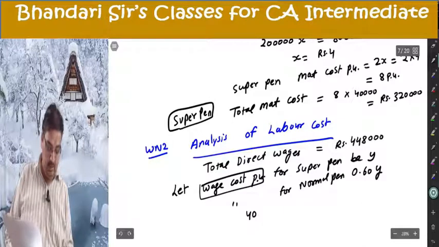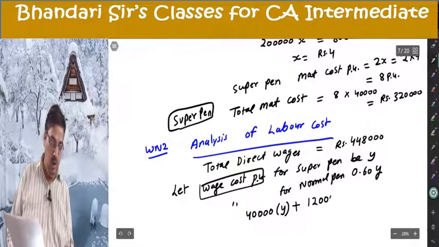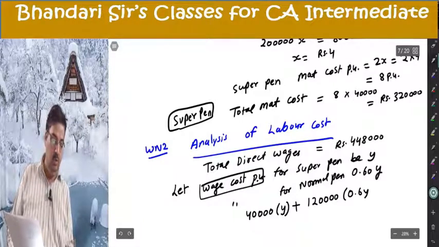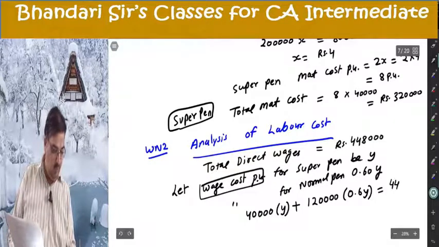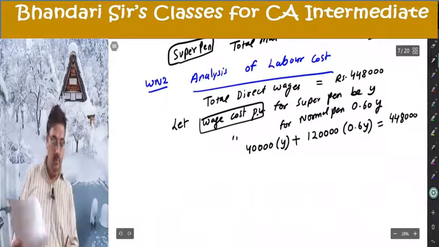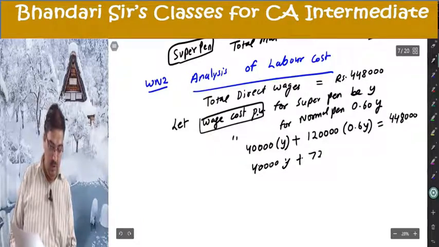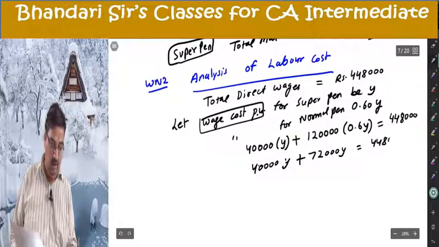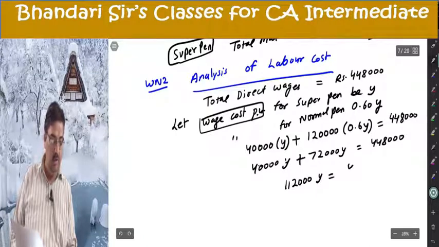Multiplied by units, 40,000 into Y, 1,20,000 into 0.6Y should be equal to 4,48,000. This becomes 40,000 Y plus 72,000 Y, 4,48,000. 1,12,000 Y, 4,48,000.